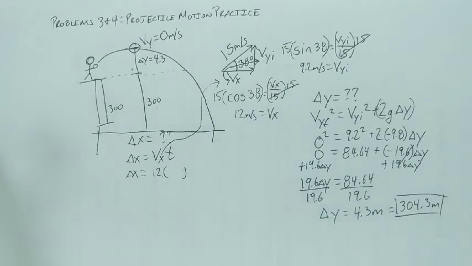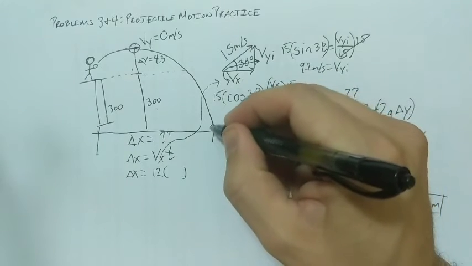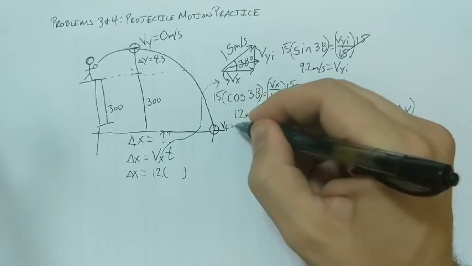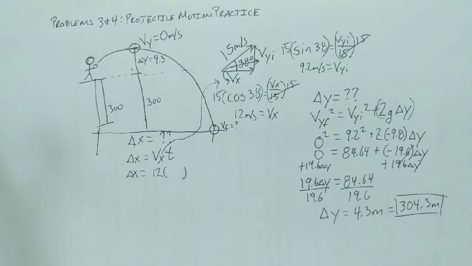And to do this, there's a lot of different steps I could take, a lot of different equations I could choose from. I am going to choose to do this in 2 parts, and part 1 is going to be find my velocity down here, my final Vy at the very end. And I'm going to do that because I don't want to use the quadratic equation.